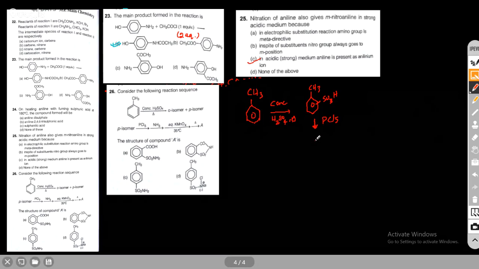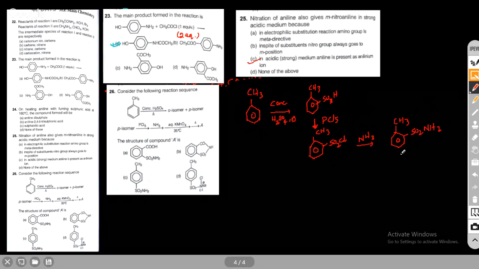So the product here we get is CH3 will be as it is. Here we get SO2Cl, HOCl forms into this. And further, if this reacts with NH3, then HCl forms and NH2 will attach over here. So the product will be this NH2.